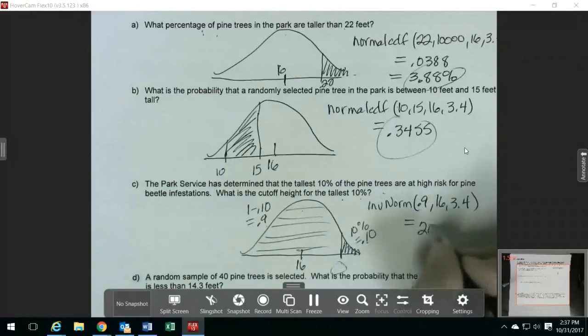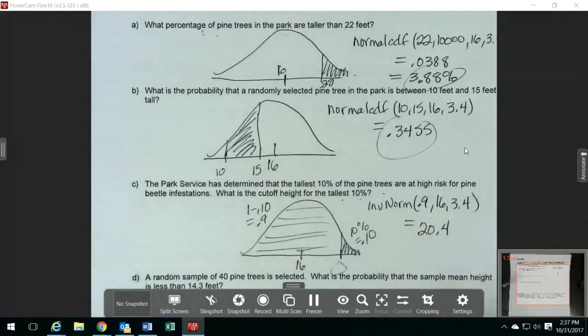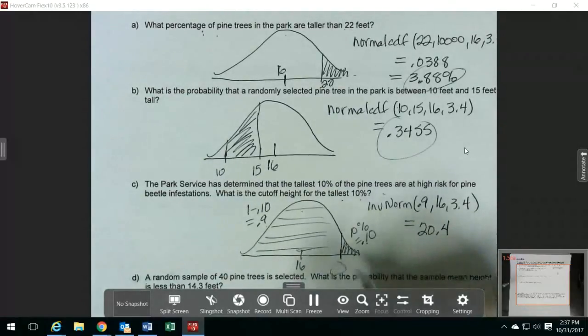Okay, so that gives me 20.4. So that means my cutoff value right here is 20.4 feet.